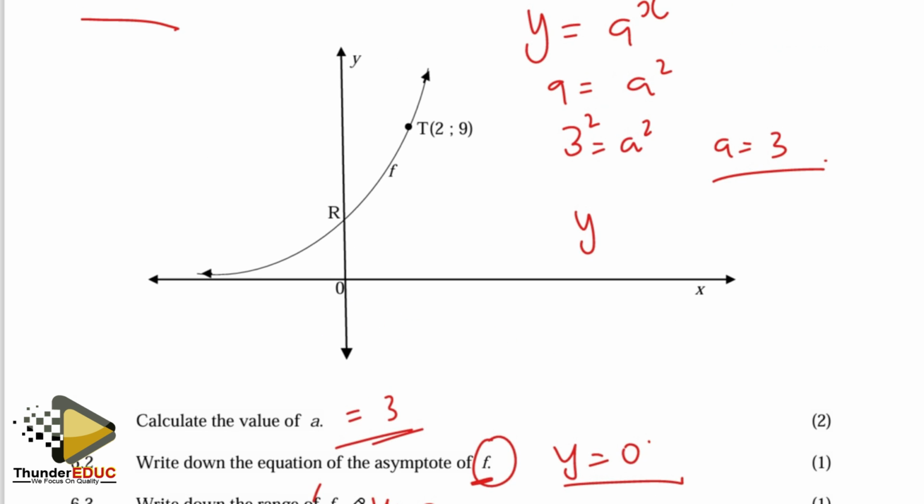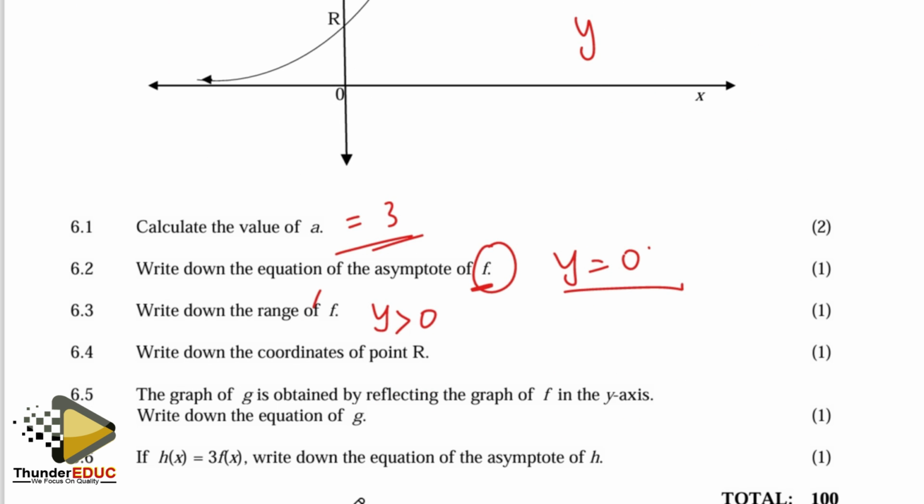Then they want the coordinates of R, which is the y-intercept. So we know that at the y-intercept, x will always be 0. So our graph is y is equal to 3 to the x. So replace x with 0, it's going to be 3 to the 0. Anything to the exponent of 0 will always be 1. So that is (0, 1).